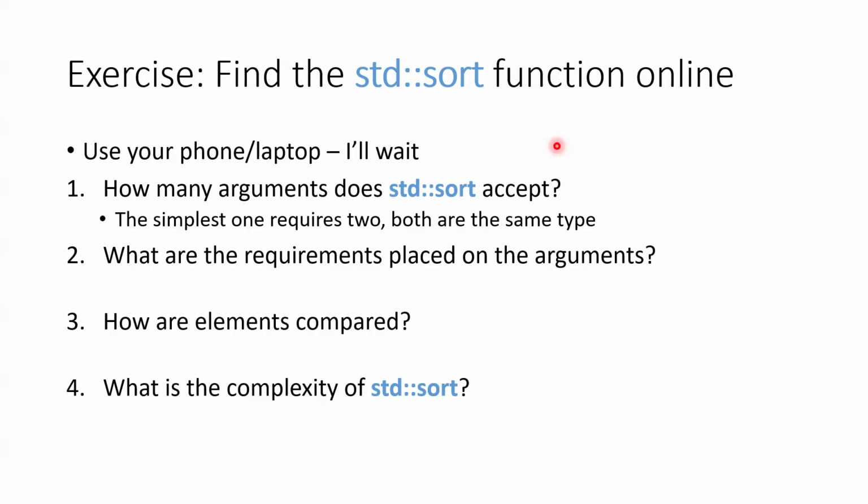You just said begin to end, so they are iterators, right? The 2 arguments, only the arguments, not the return. They have to be the same type. And what kind of type?